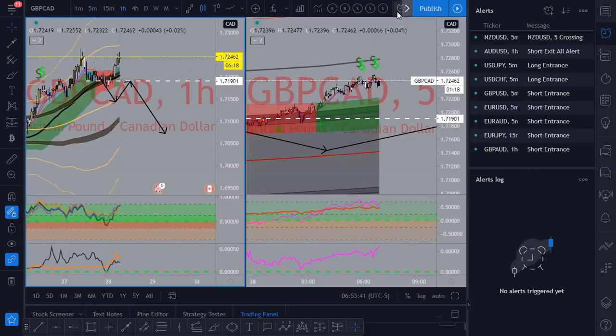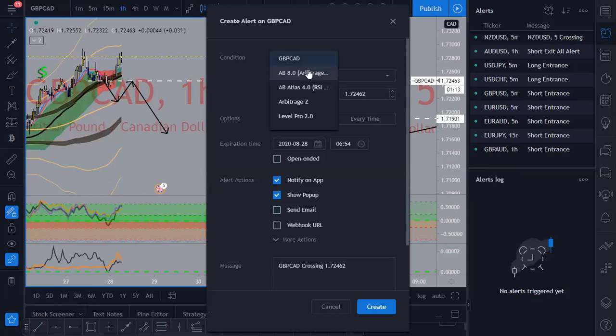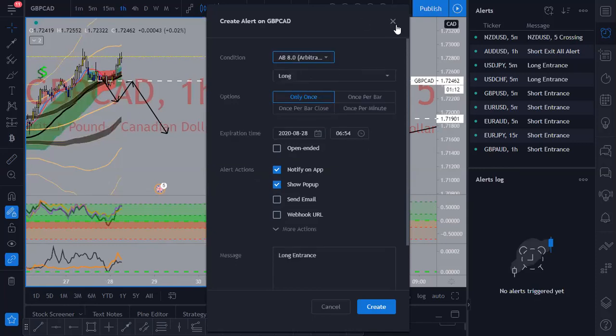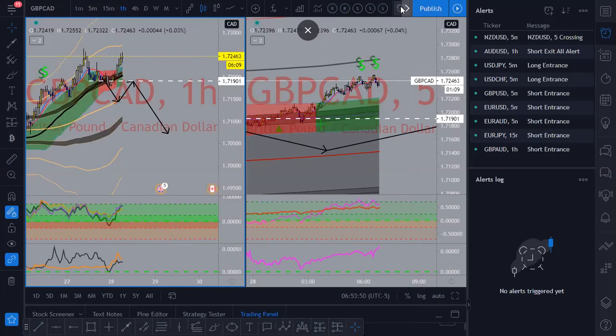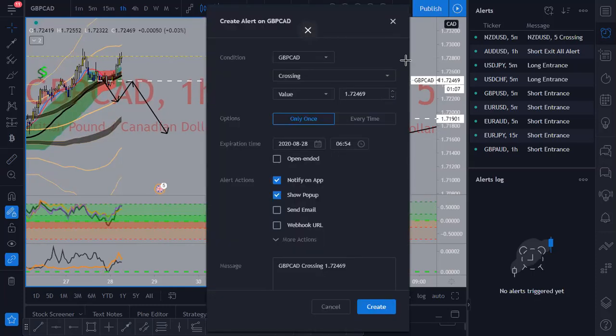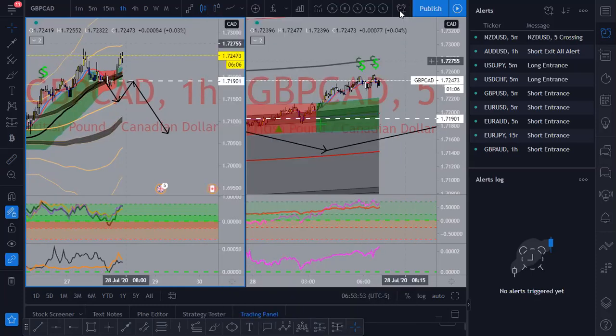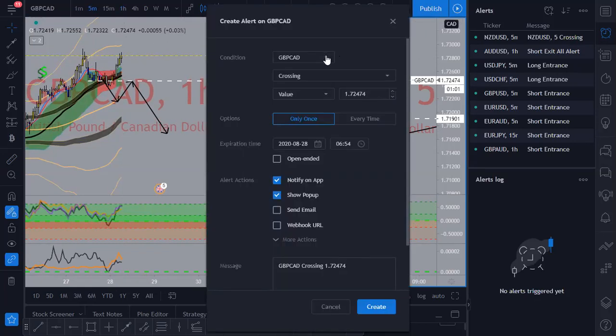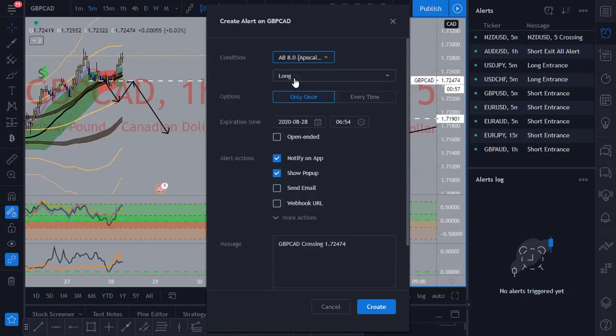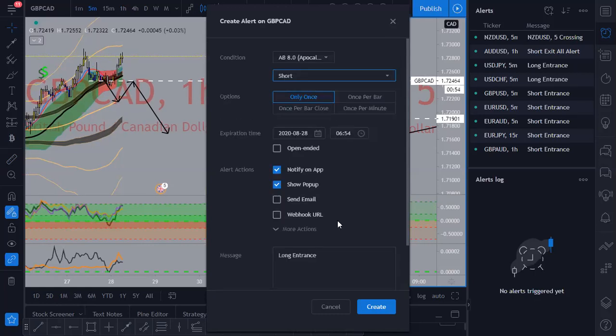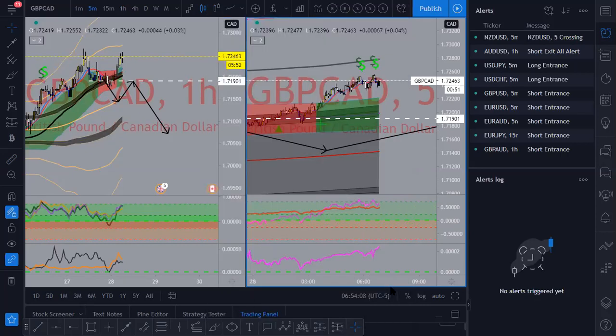So again, set my alert, GCAD. That's the wrong one. I want it to be on the 5-minute apocalypse because that usually pops up faster than the 1 hour. So GCAD, apocalypse, gonna have my short and just wait for it. I'm not chasing any trades.